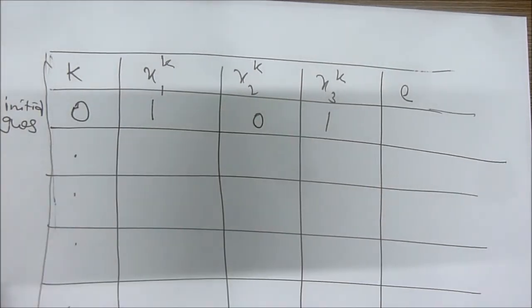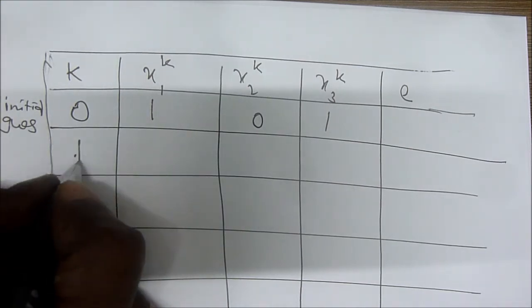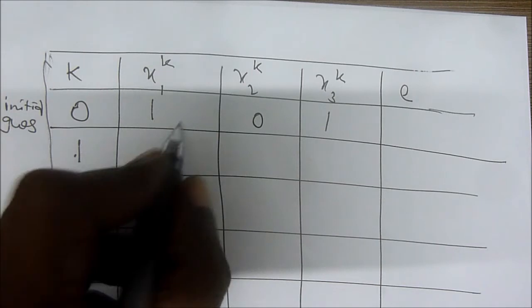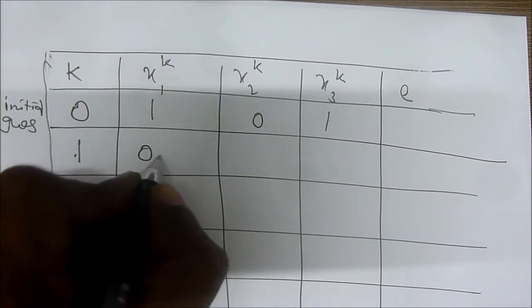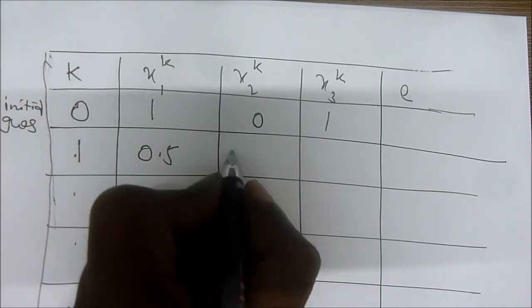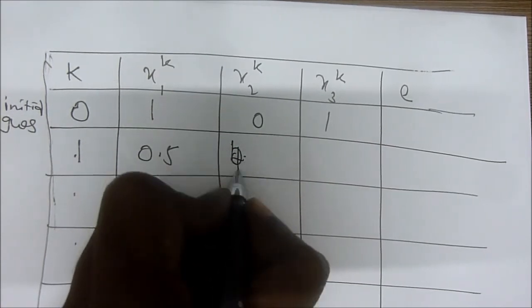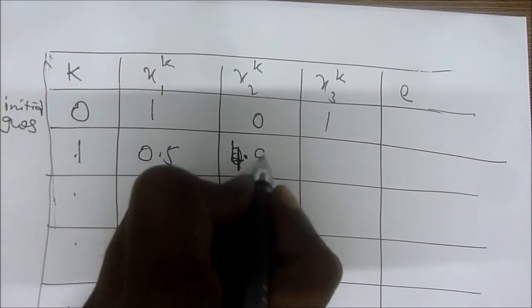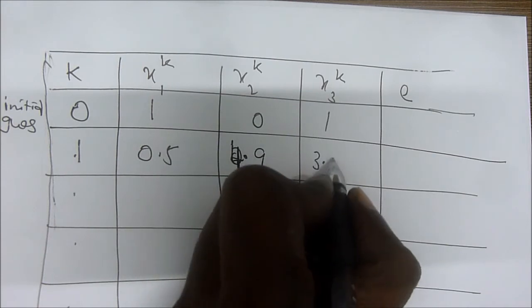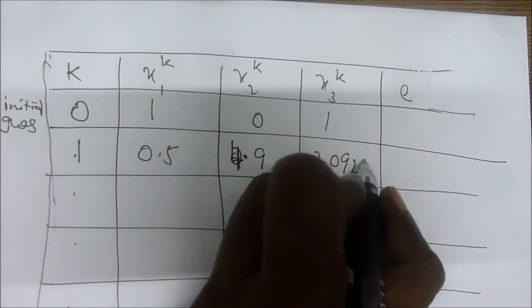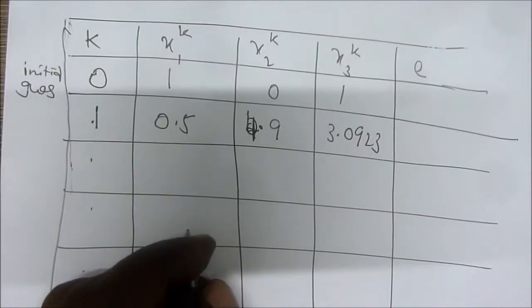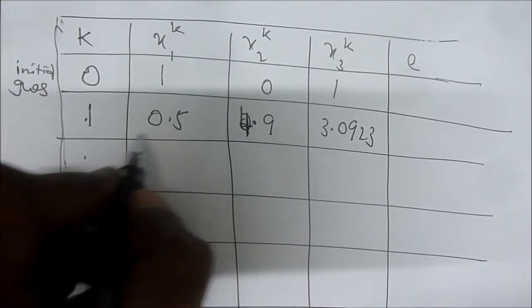It won't be used in the calculations actually, it's an accepted kind of value. When I started with number 1, just now we calculated 0.5, right? For x2 we calculated 4.9. Then immediately this one is 0.923, right?